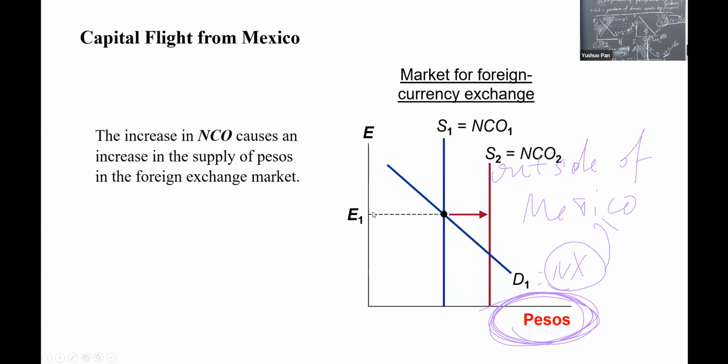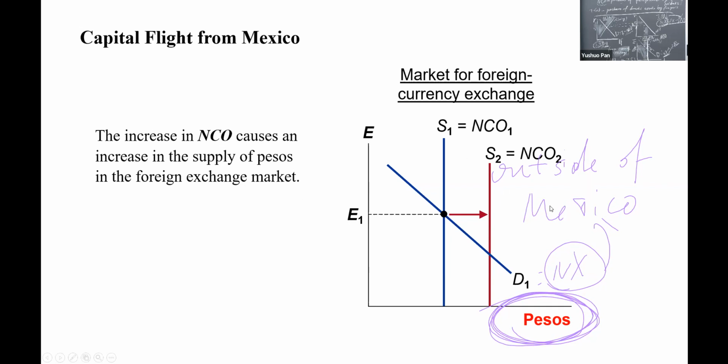If I increase the NCO, because we learned before, right? The NCO, the net capital outflow, will increase because of the political instability, because I increase the supply of pesos in the foreign exchange market. This is outside of Mexico.